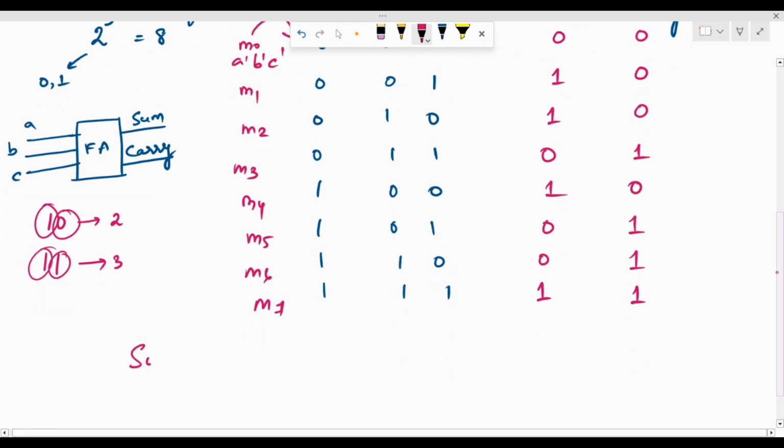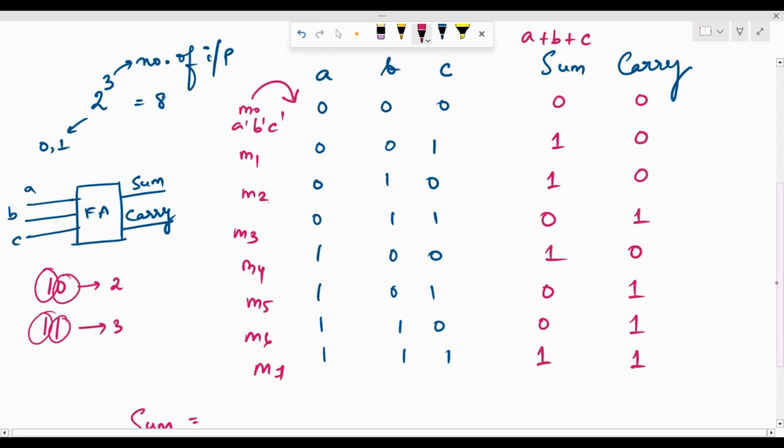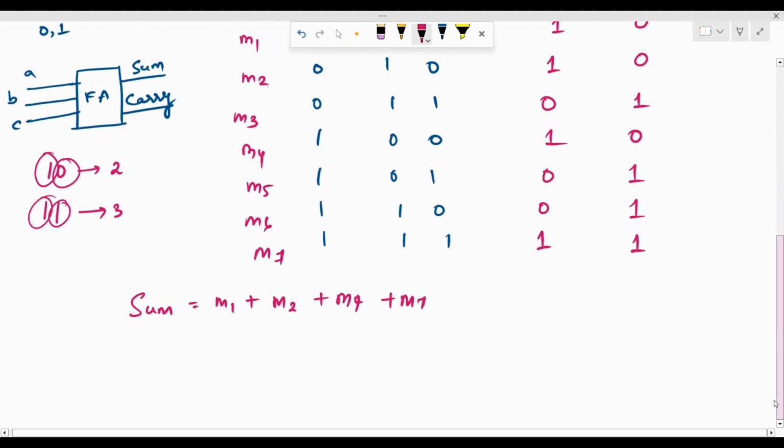Wherever the sum is true, I'm going to write that minterm. It is true for M1, M2, M4, and M7. So M1 plus M2 plus M4 plus M7. These are the minterms that are going to make the sum true.